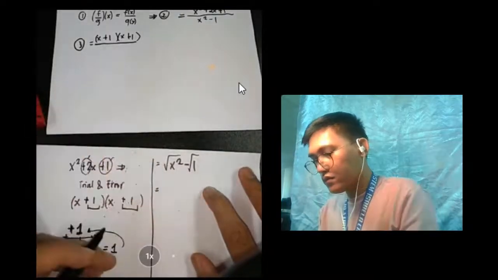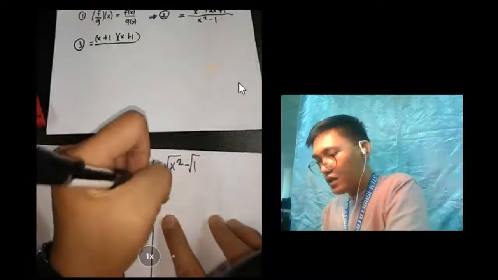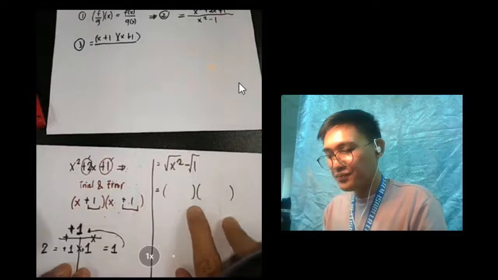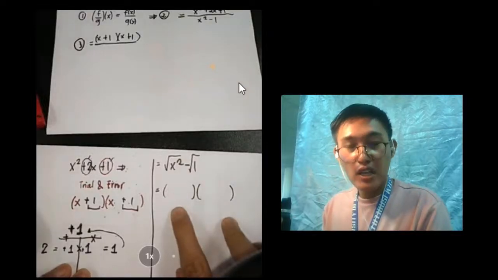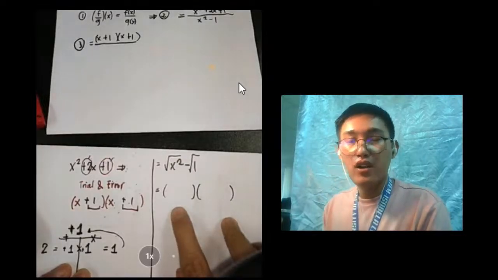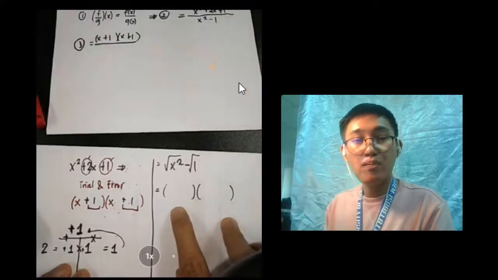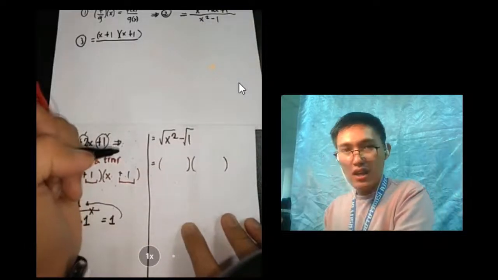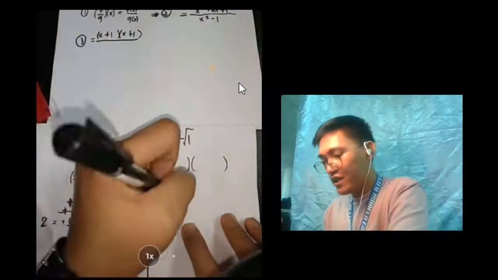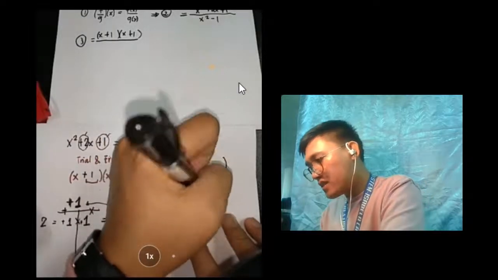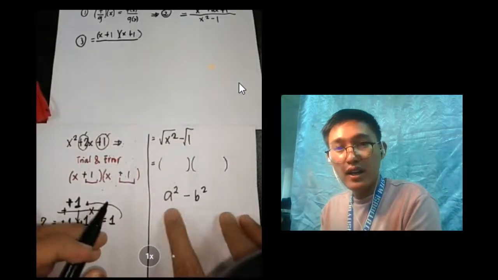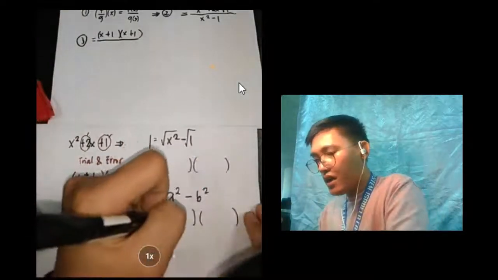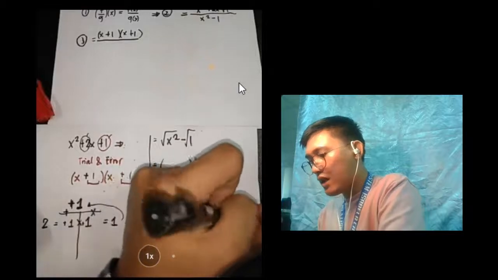So we got here factoring the difference of two perfect squares. I'll be giving here a formula for this. Let's say we have here a squared minus b squared. This is just a sample. If we have a squared and b squared, the answer for that would be a plus b and a minus b. This is a shortcut.